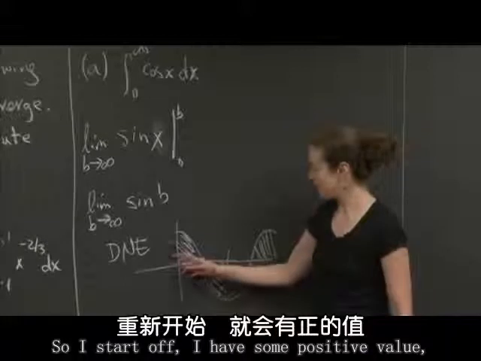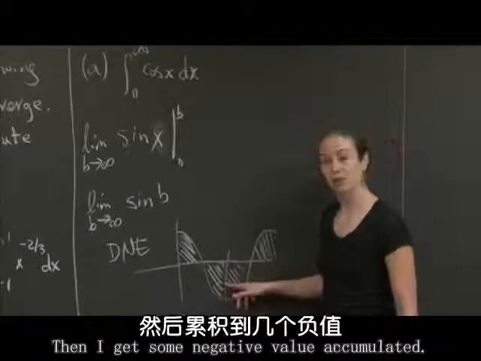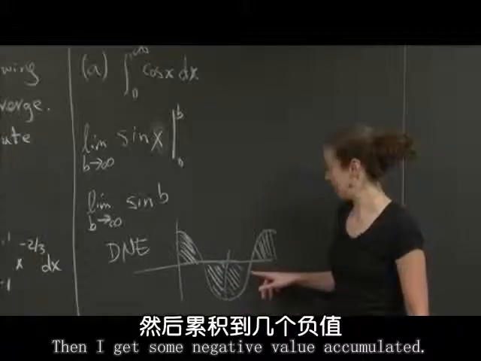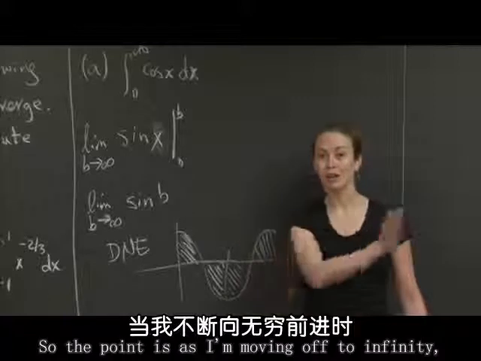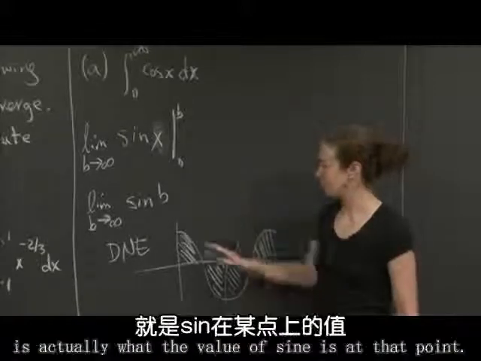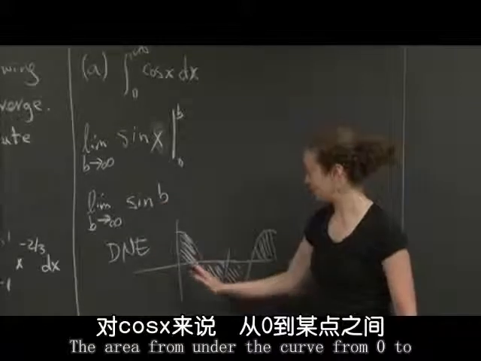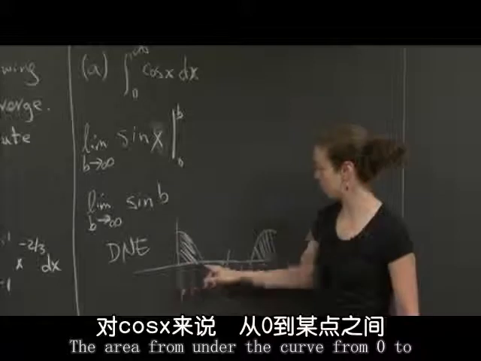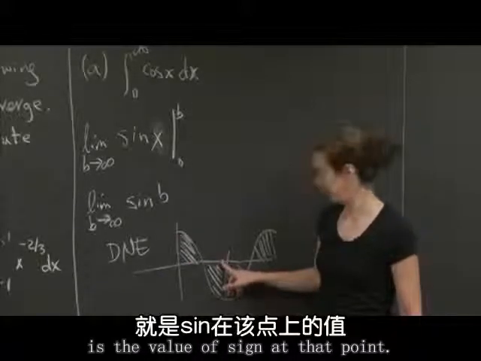So I start off, I have some positive value, and then it becomes less positive and goes to 0. Then I get some negative value accumulated. Then it comes up and goes to 0 again. So the point is, as I'm moving off to infinity, the area is oscillating. And the area, remember, is actually what the value of sine is at that point. The area under the curve from 0 to any value for cosine x is the value of sine at that point.